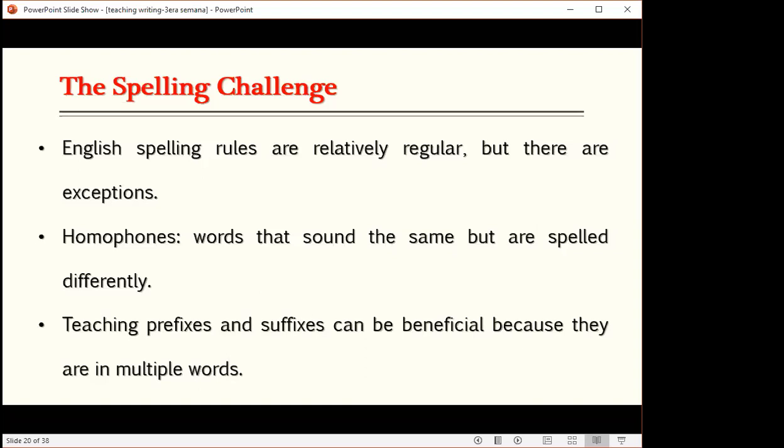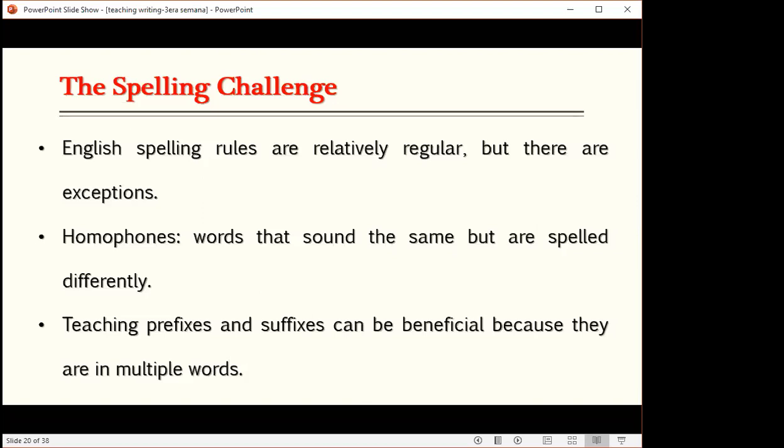But it's important to teach them the prefixes and suffixes, because when you teach them, they are going to create words. It's beneficial because they appear in multiple words. Happy, negative, unhappy, and happily.